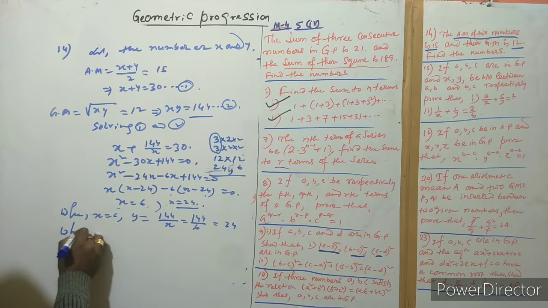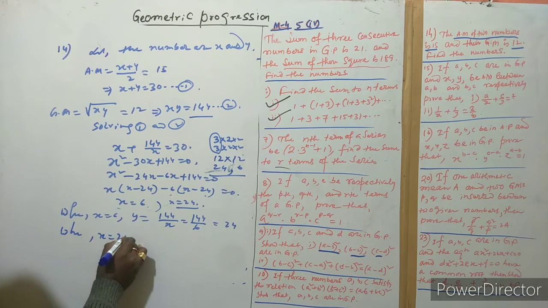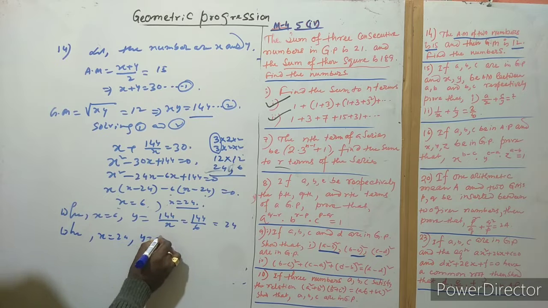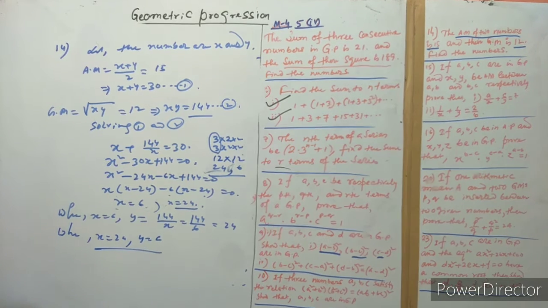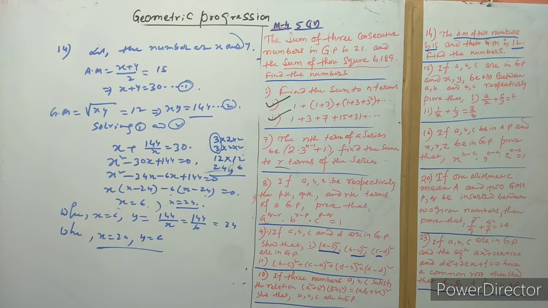And when X is equal to 24, then we get Y equal to 6 here. So the two numbers are 6 and 24. Very easy question. See, students, and take care. Okay, now doing question number 15.